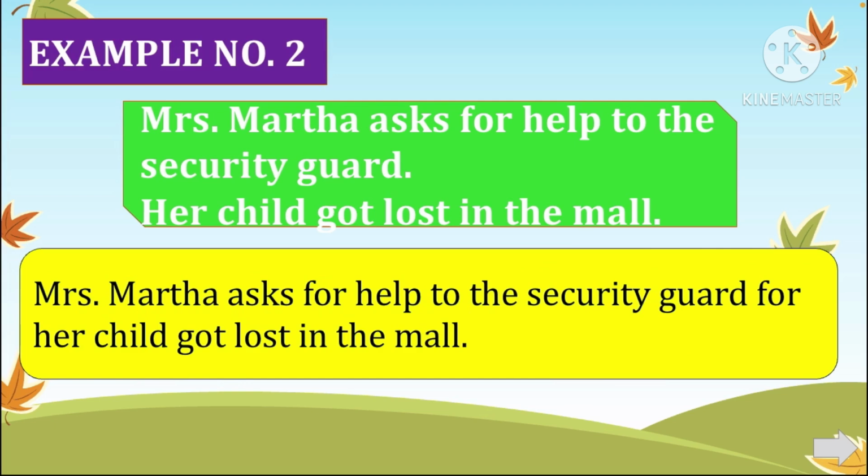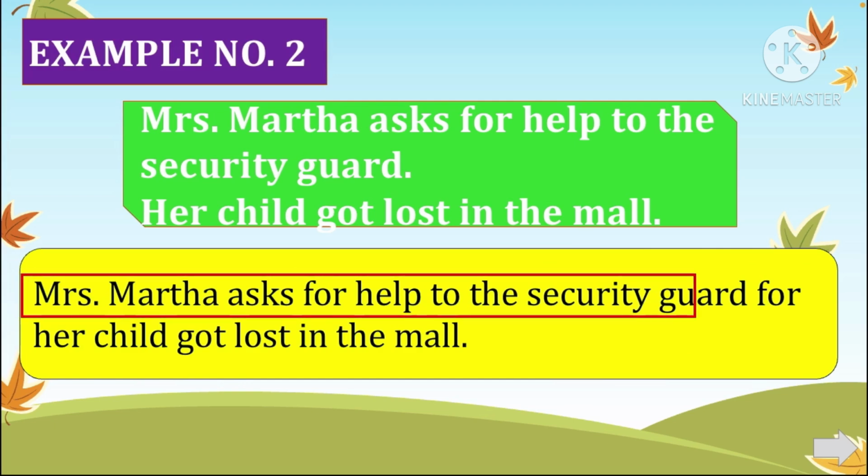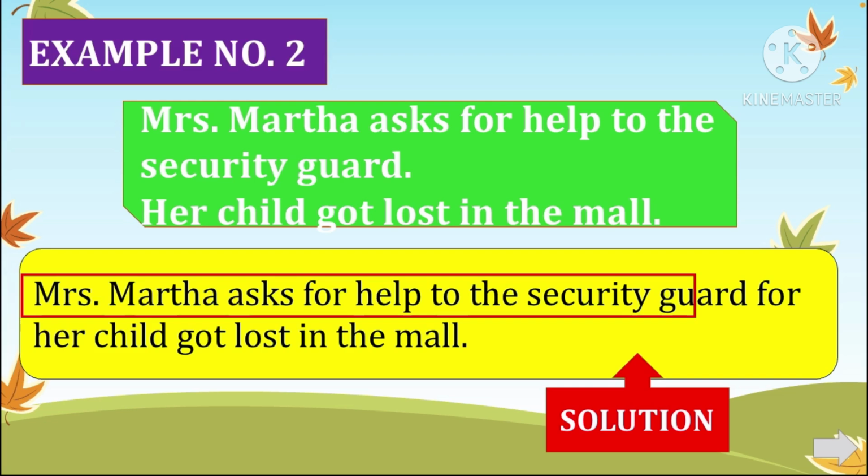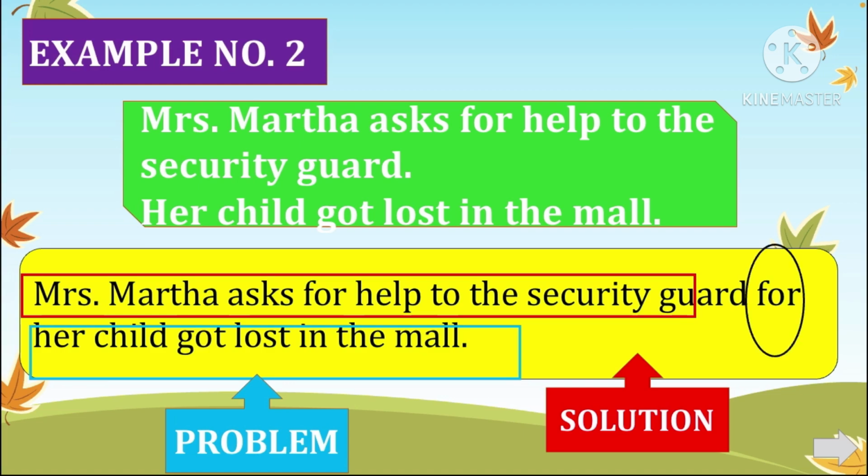So in here, we have Mrs. Martha asks for help to the security guard. This is the solution. And her child got lost in the mall is the problem. The coordinating conjunction is the word for.